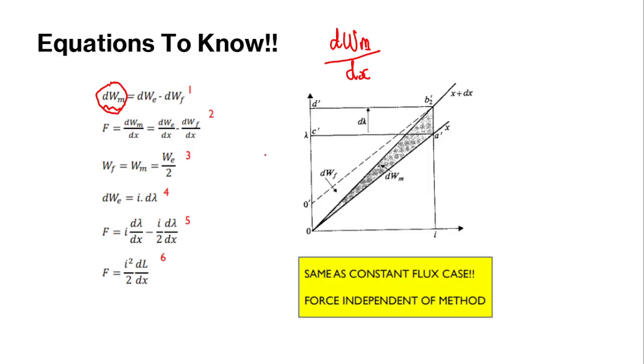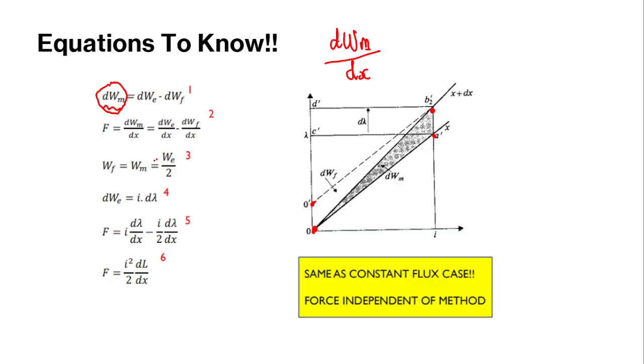Now if you look at the graph, you're going from here, up to here, and back down. But dWf is now from here to here and back. If you make a rectangle, dWf and dWm added up give you We, because they are each half.